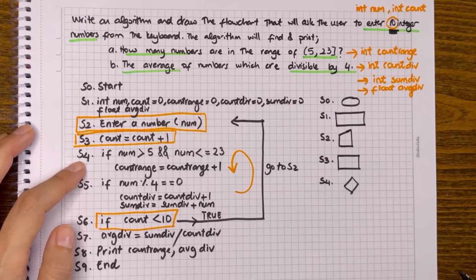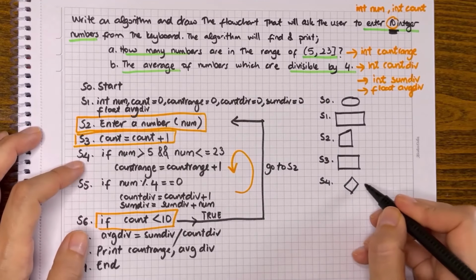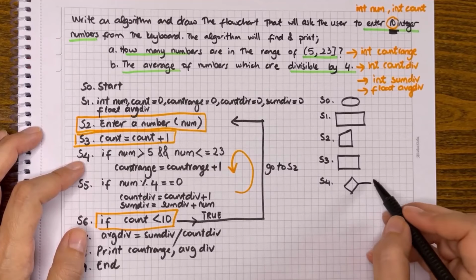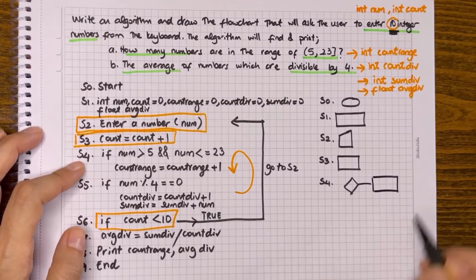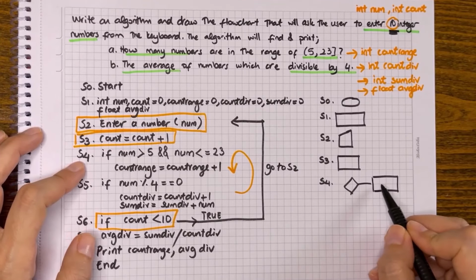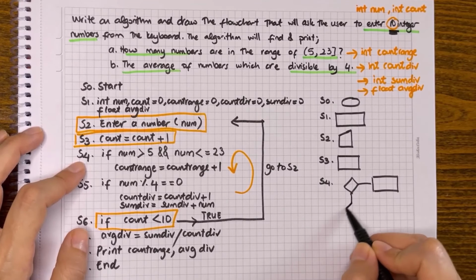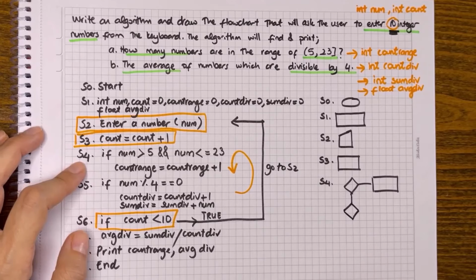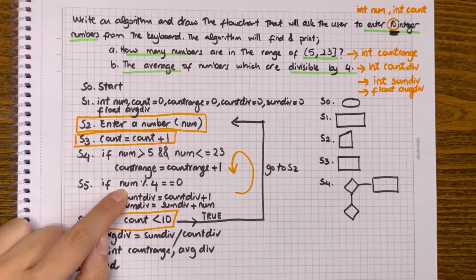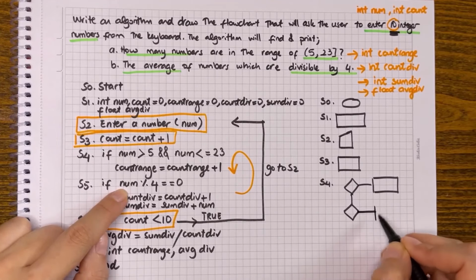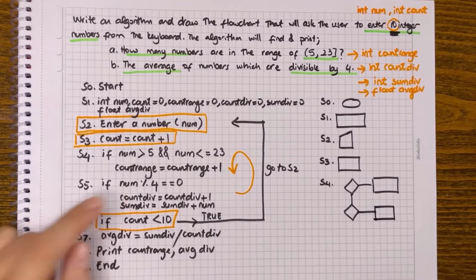So if this is true, we will do something. What we are going to do, we will simply increase the count range by 1. If this is false, we have another diamond, number divided by 4. If it is true, again we will perform another thing here: count division, sum division.